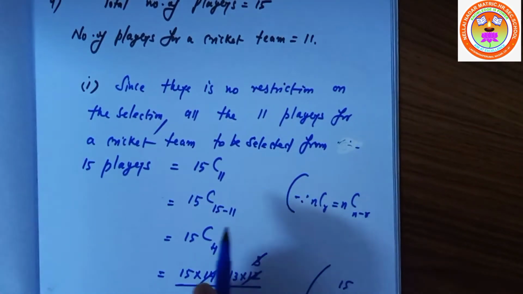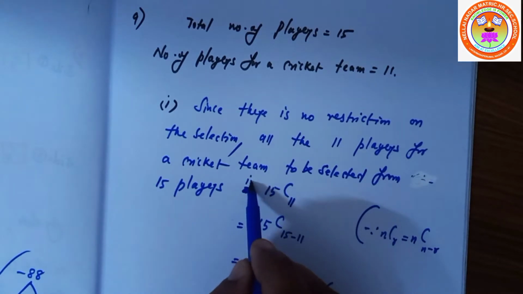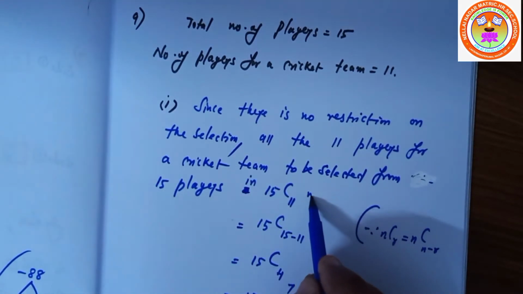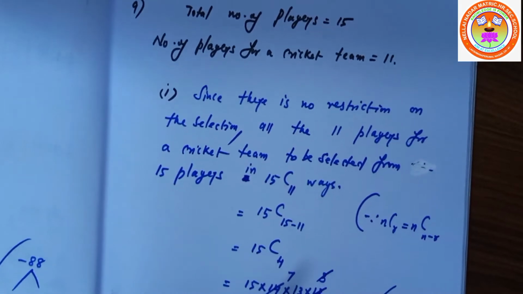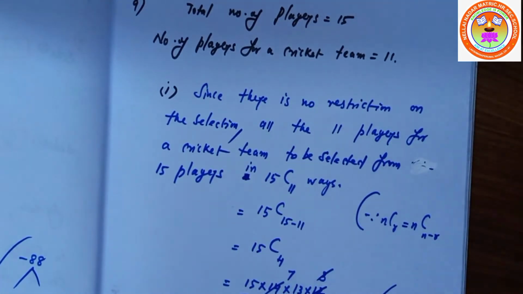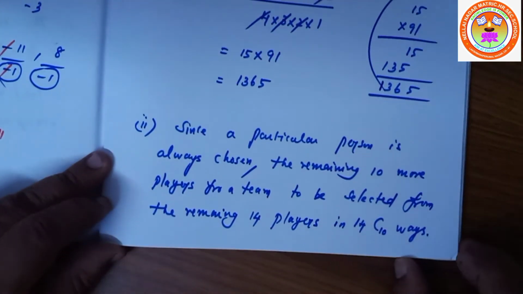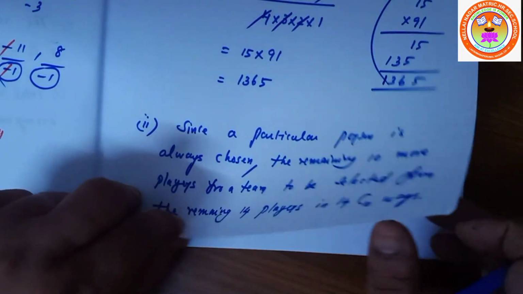Here also I have tried in 15C11 ways. So 15C11, that is 15C15 minus 11 according to that property. Good. Then now 14C10. You have to do the calculation.